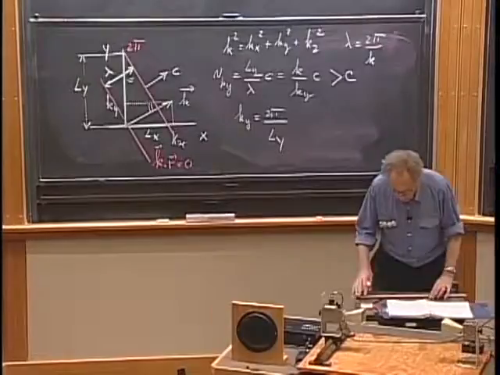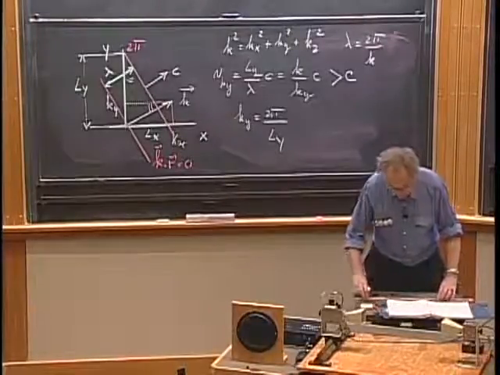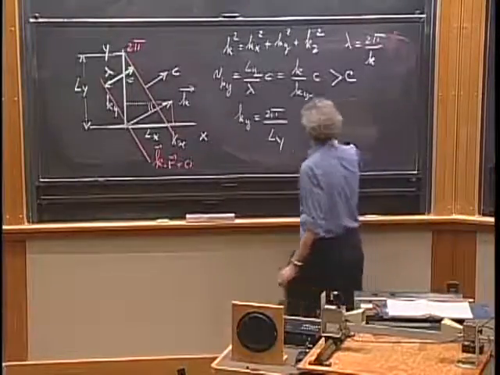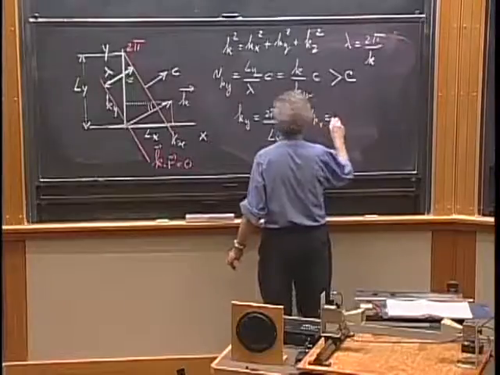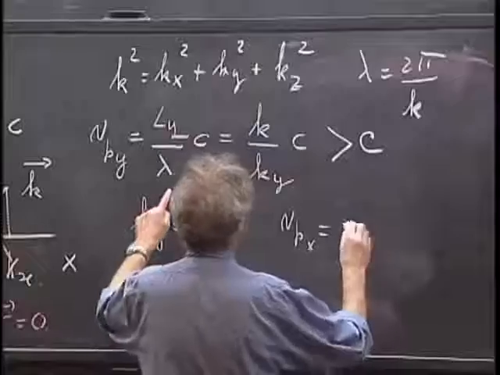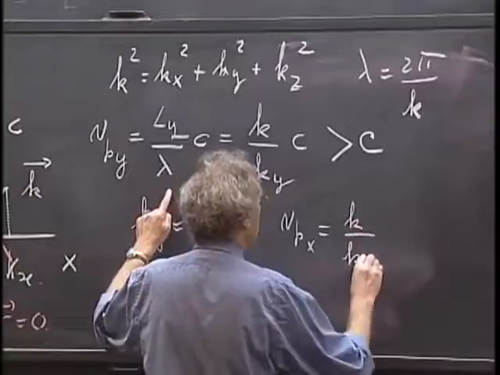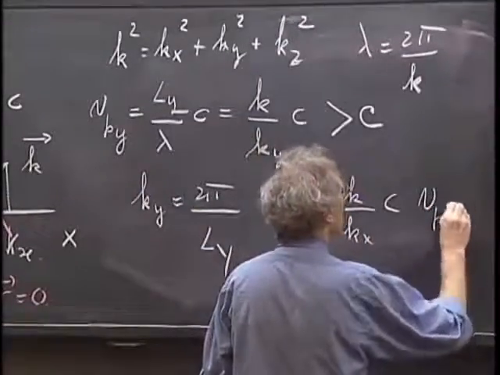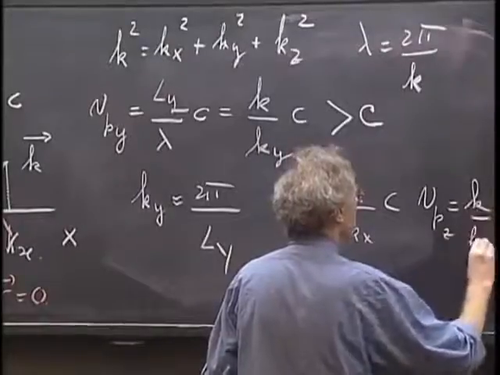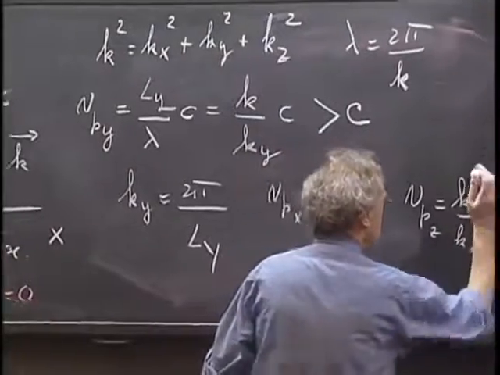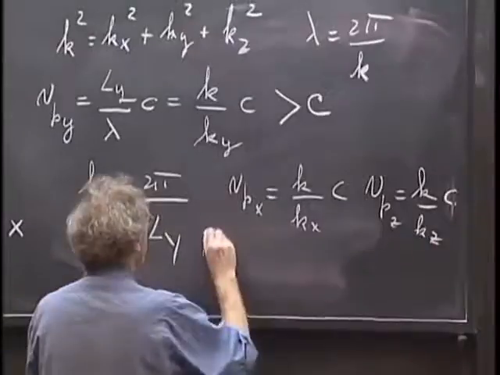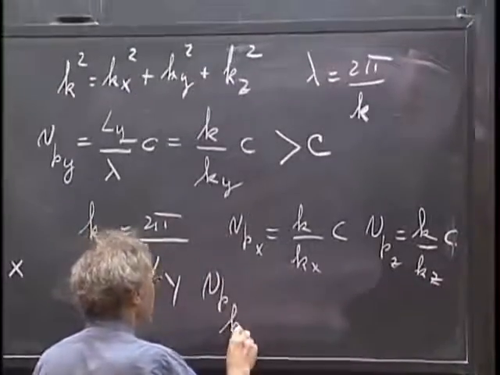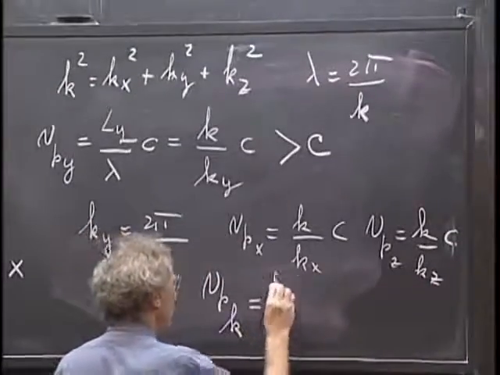And you can do the same, of course, in the x and in the z direction. And you will find then that the phase velocity in the x direction equals k divided by kx times c, and the phase velocity in the z direction is k divided by kz times c. And what is the phase velocity in the direction k?